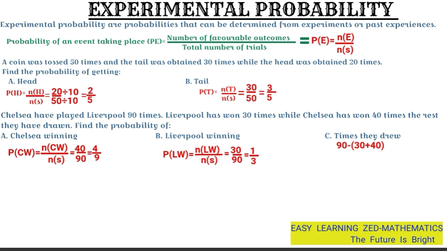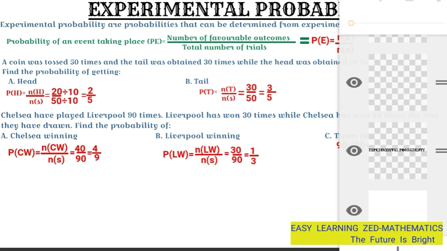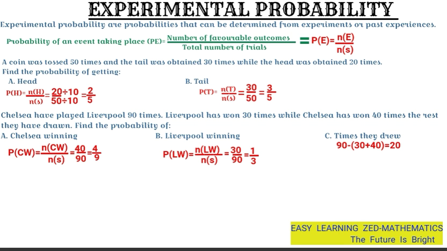When you add 30 plus 40, it gives us 70. Now when you subtract 70 from 90, it will give us the difference, which is 20.